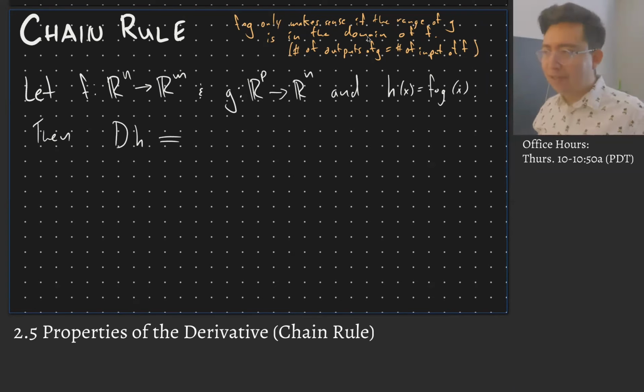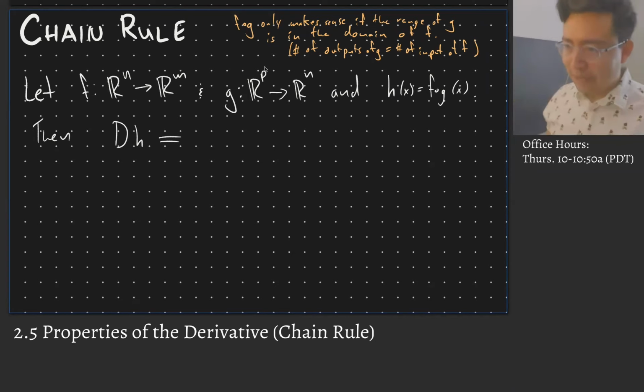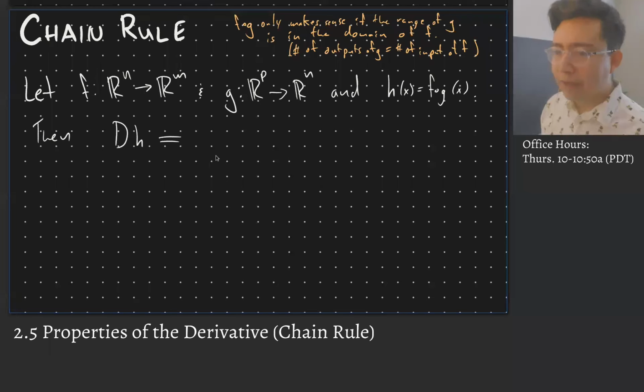We'll see more concrete examples of this. If M and P are different numbers, then you can compose this way, but you can't compose the other way. F of G makes sense, but G of F doesn't make sense. Okay, cool. I hope I've driven that point home.